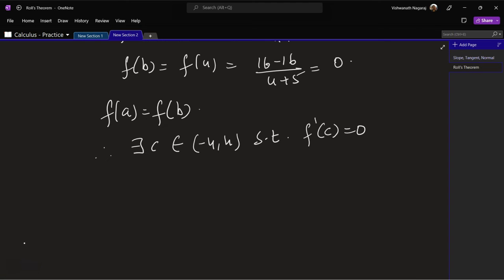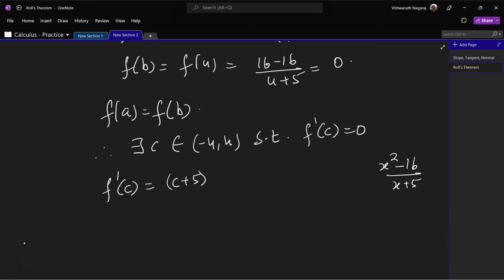Okay, now let's figure out that f prime of c. Remember we are talking of x square minus 16 by x plus 5, so we have to differentiate it. Wherever x is there, we use c.